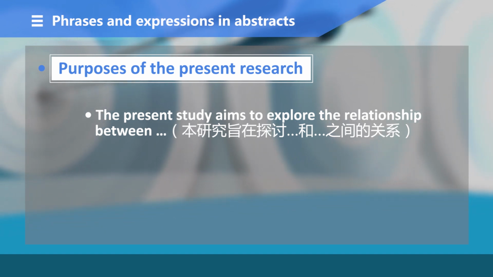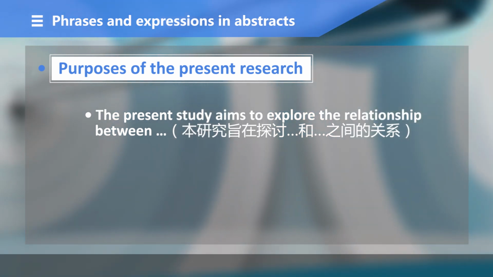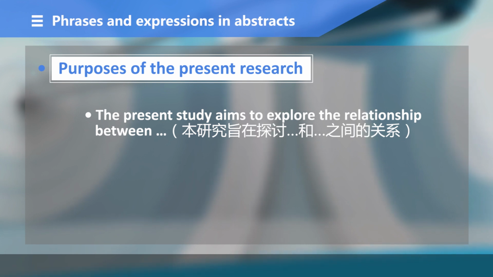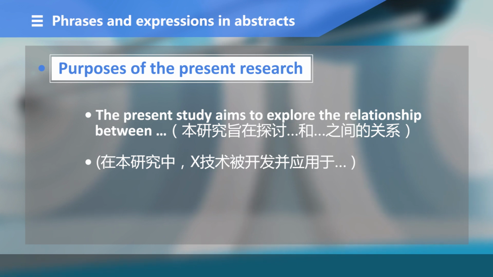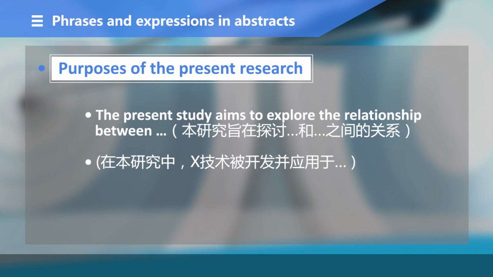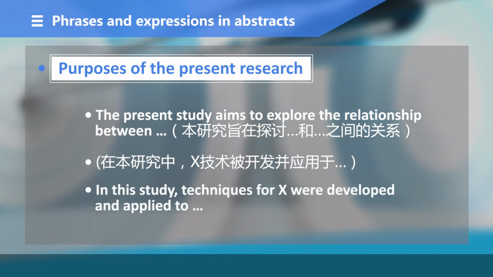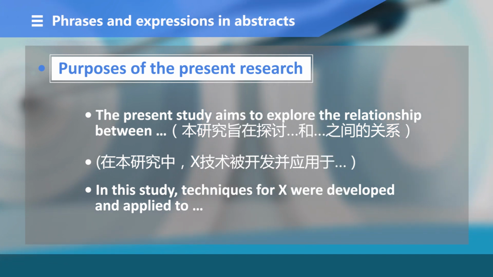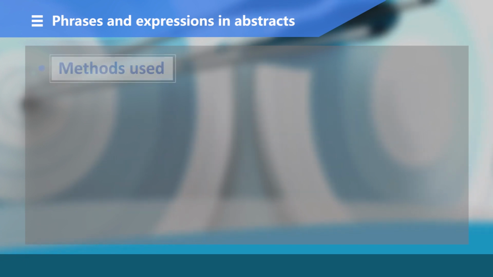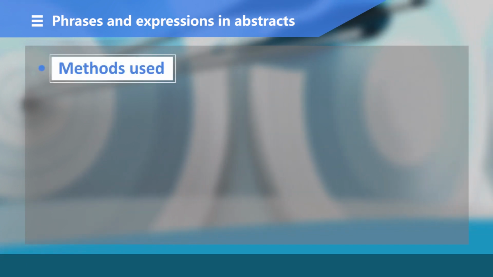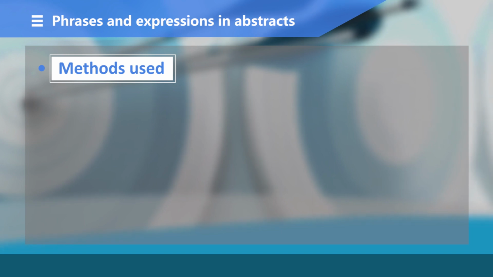本研究旨在探讨什么和什么之间的关系。又如，我们也会常这么写，在中文中，在本研究中某技术被开发并应用于什么。那么翻译成英文的话，我们可能会这么写 In this study, techniques for X were developed and applied to. The third element of an abstract is the methods used in the research.